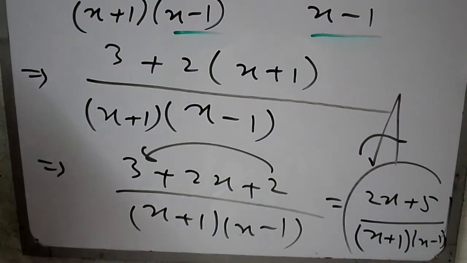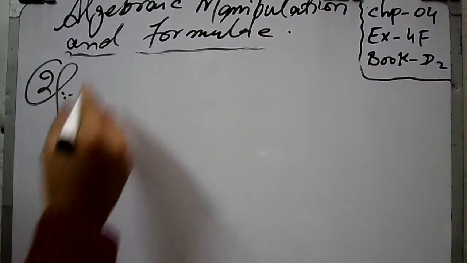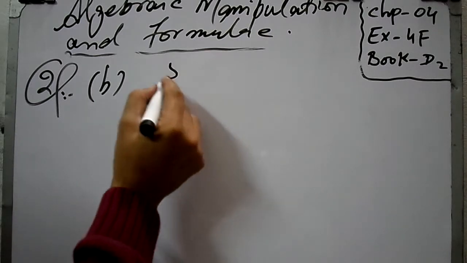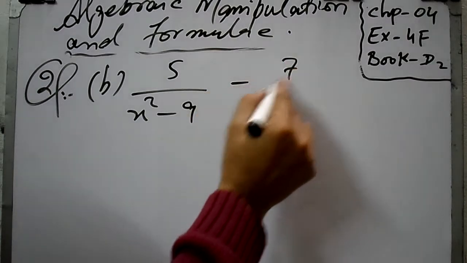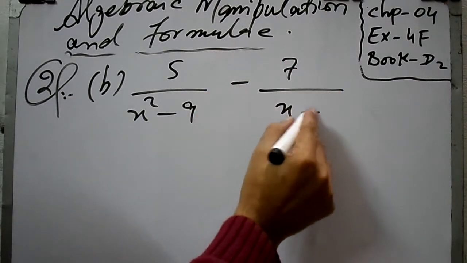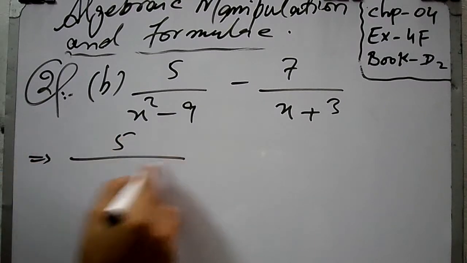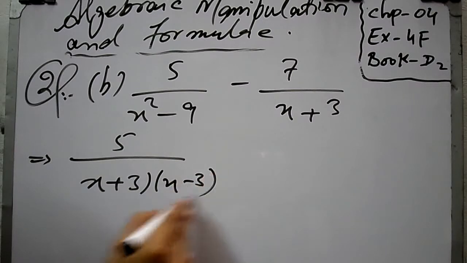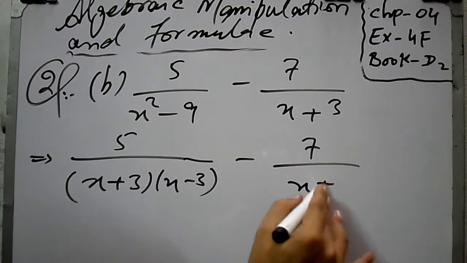Now coming to the B part. B part, 5 divided by x square minus 9 minus 7 divided by x plus 3. So first of all, again by the same methodology, you can write as x plus 3 and x minus 3. This can be written as into 7 into x plus 3.